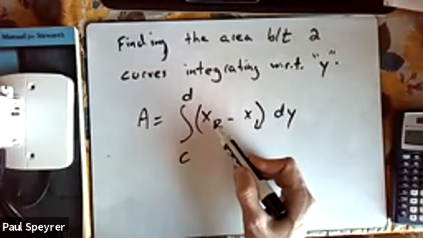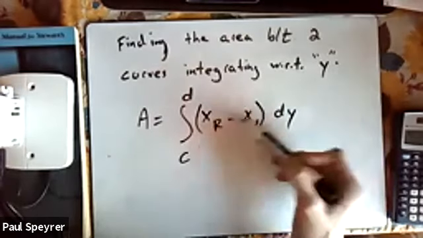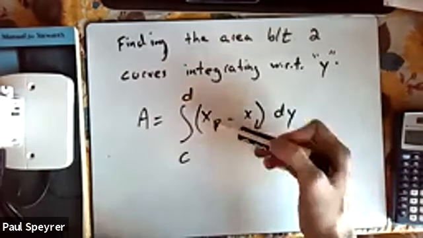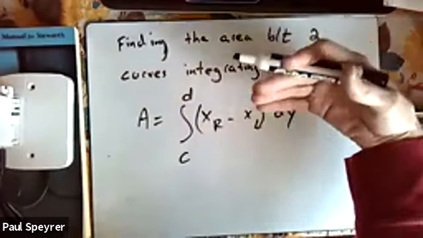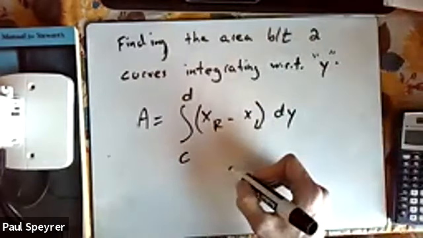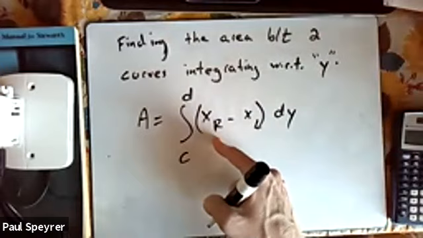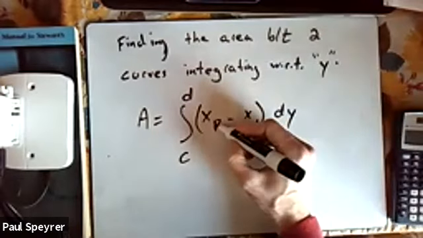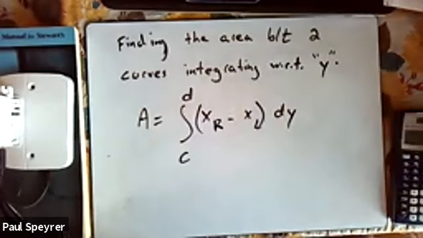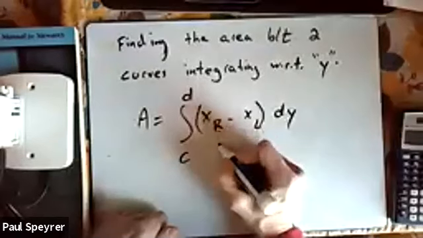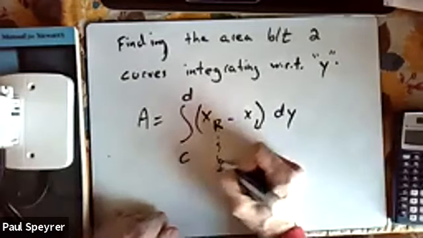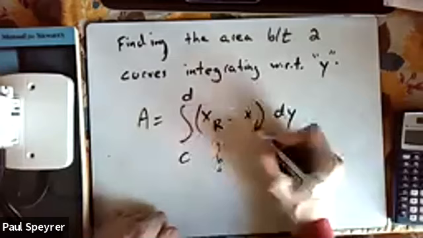Our first one with respect to x, we had YT minus YB, y the top equation minus y the bottom equation. Now with respect to y, it's the rightmost equation minus leftmost equation.